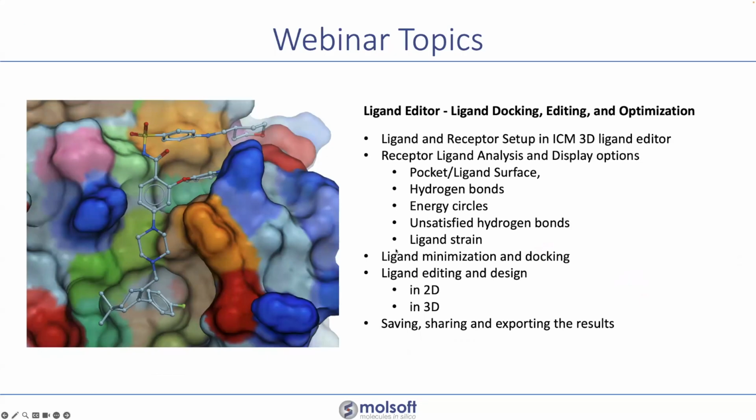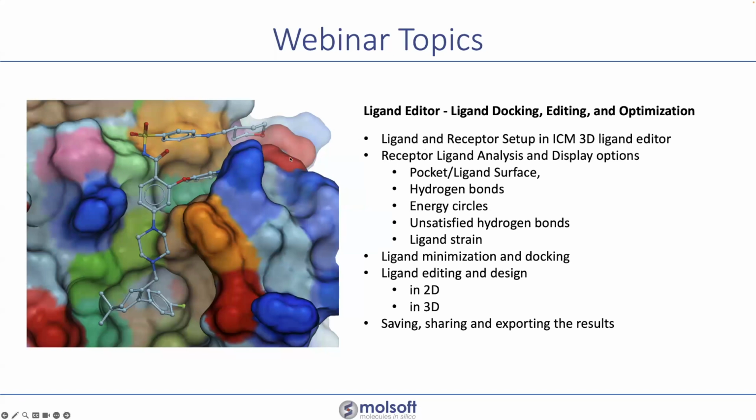In this webinar, we will be covering the ligand editor. The ligand editor is an environment for you to explore in 3D different modifications to lead compounds. I'll show you how to set up the ligand and the receptor for docking and minimization.